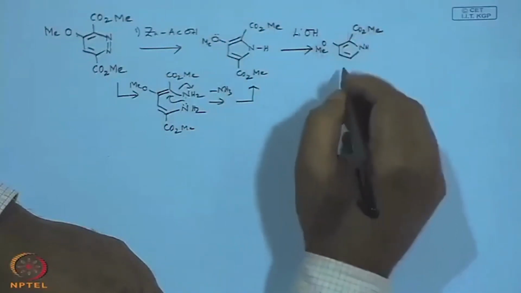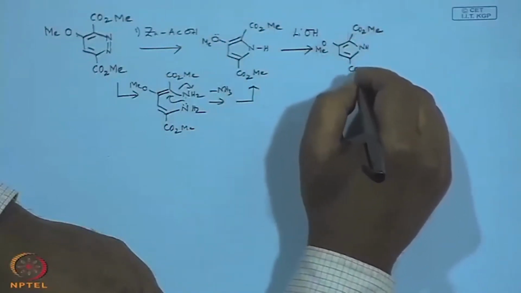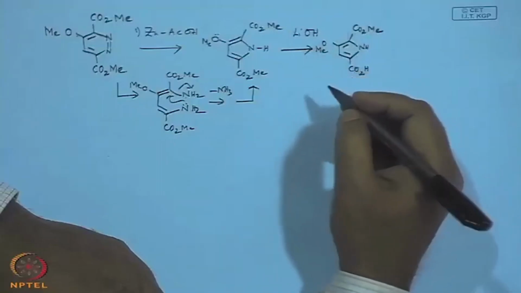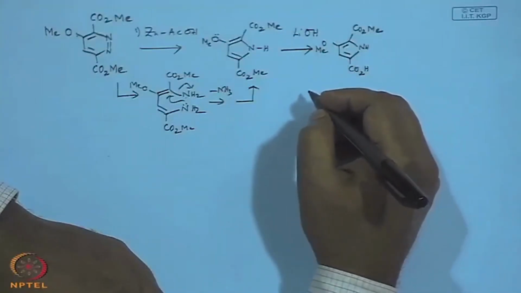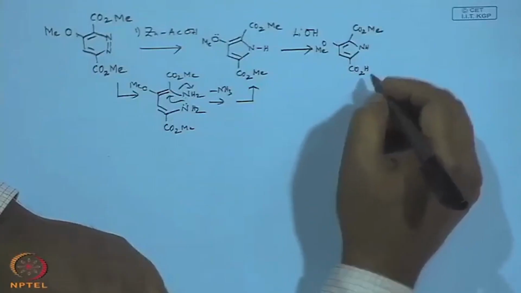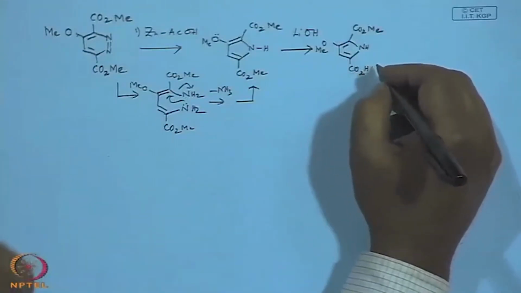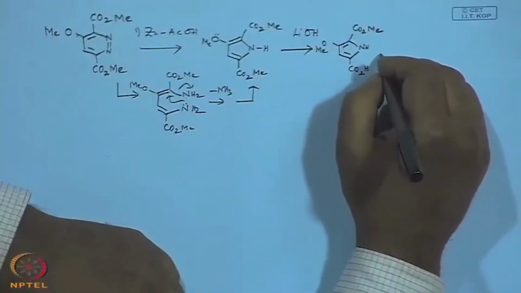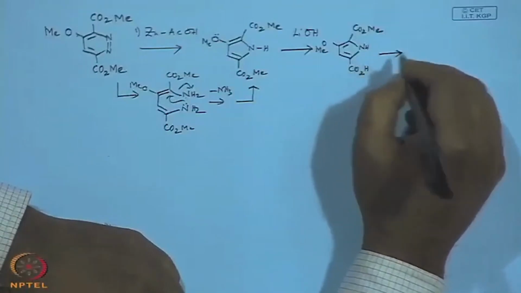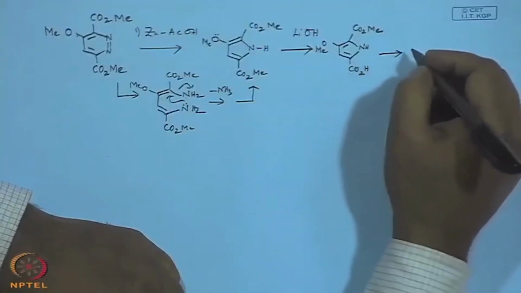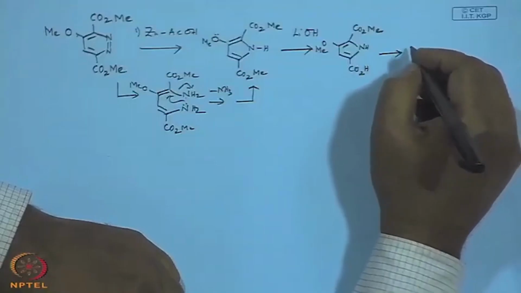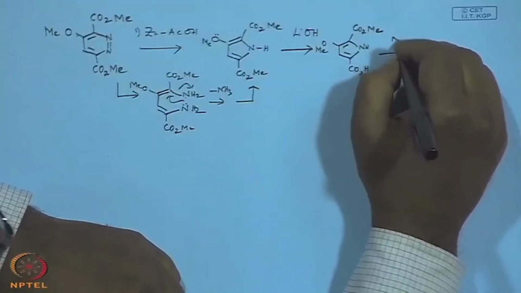So, this should remain intact, and then this one would be hydrolyzed to carboxylic acid. That is just an exercise of selective reactivity of the two ester groups, but what I am trying to tell you is that this sort of compound undergoes peculiar reactions, unlike normal aromatic compounds.